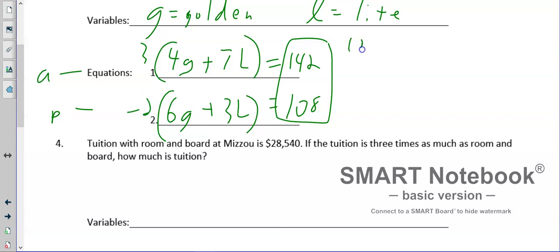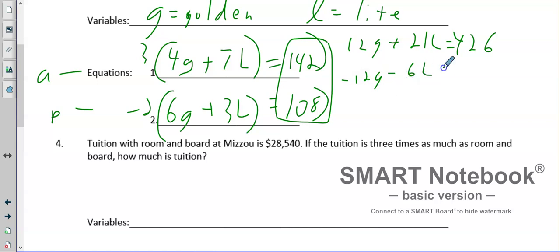So that's going to give me 12G plus 21L equals, let's just be over here, times 3. So that's going to be 3 times 2 is 6, 12, 426. And then this one times negative 2, so negative 12G minus 6L equals negative 216.